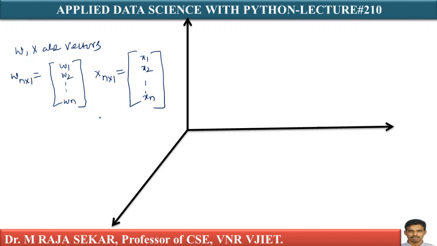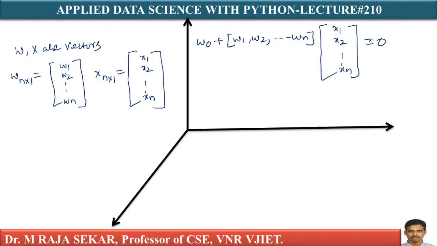Using this, my w and x, which are n-dimensional column vectors, how can I write this equation a little more concisely? Let me rewrite this equation again, w0 plus w1, w2, and so on wn, into x1, x2, and so on, xn, is equal to 0.